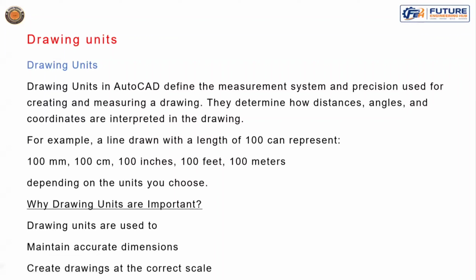Why are drawing units important? Drawing units are used to maintain accurate dimensions. Create drawing at the correct scale, not the wrong scale, the correct scale in the system. Right up to here? In manual drawing, sometimes scale is not correct. Clear? Concept clear now? Okay.